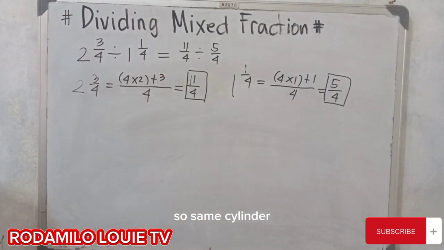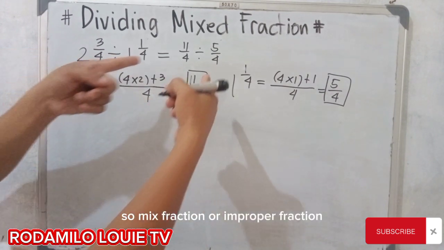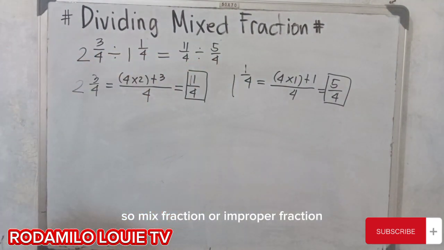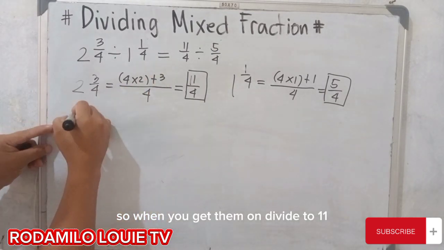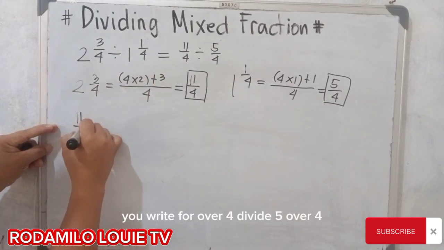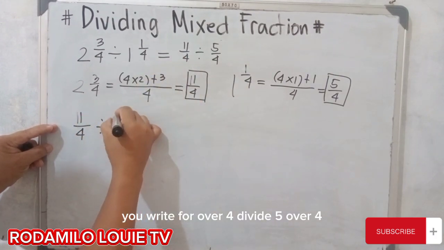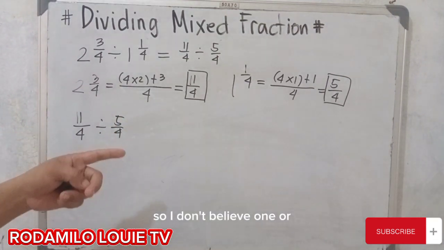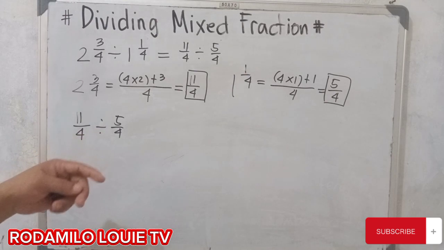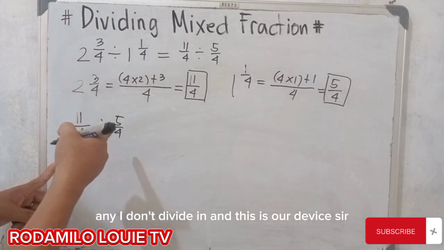So, it's the same process, whether we rename mixed or improper fractions. Now we can divide: 11 over 4 divided by 5 over 4. We find the reciprocal of our divisor. This is our dividend and this is our divisor.